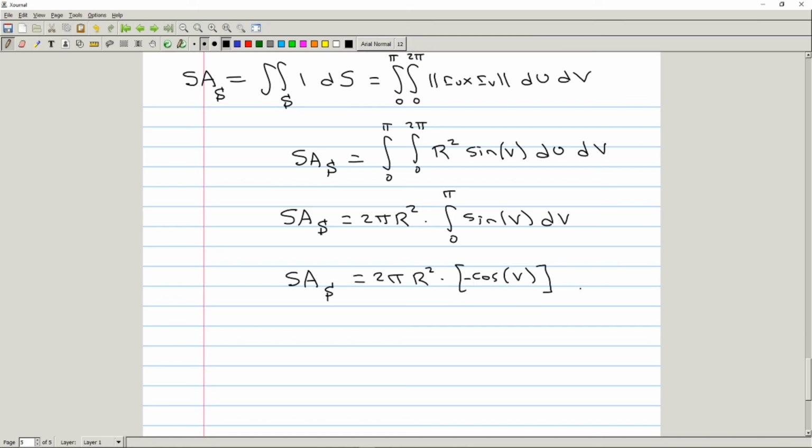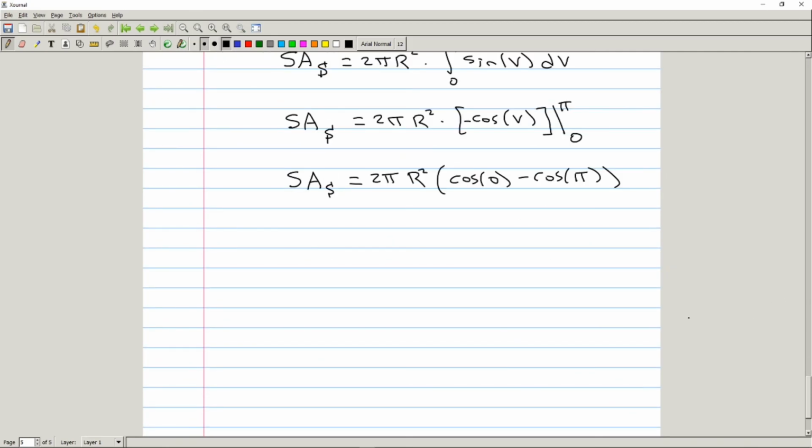The antiderivative of sine is negative cosine. This is from pi to 0. So the surface area is equal to 2 pi times r squared times cosine of 0 minus cosine of pi. Cosine of 0 is 1 and cosine of pi is negative 1.